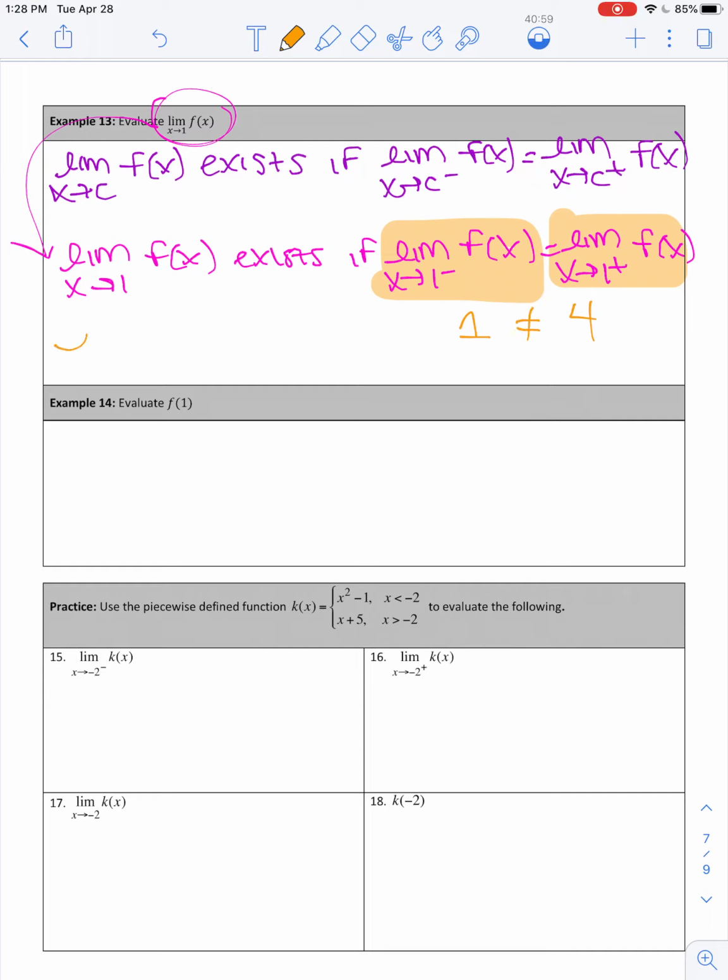So since these values are not equal, we can say that the limit as x approaches 1 of f of x does not exist. Okay, our function is going to 2 different values as we approach the x value of 1 from either side.